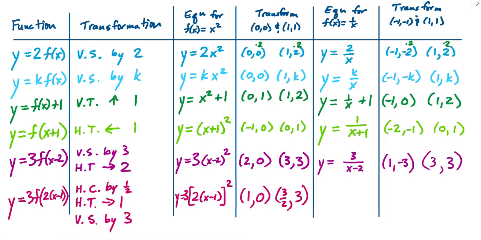What would this look like with a reciprocal function? Well, everywhere we see an x, it's being replaced with a 2 onto x minus 1. So that is 2 onto x minus 1. Then the output is getting multiplied by a 3. So that's what we have there.